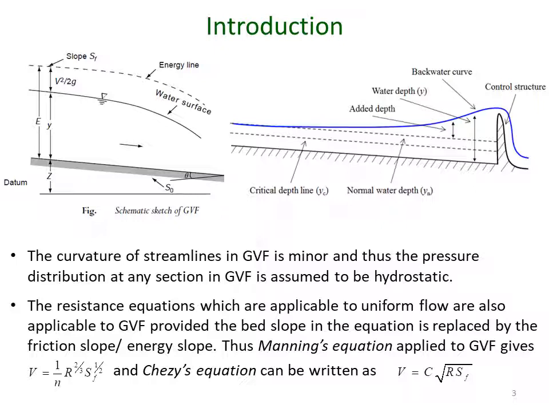Here, of course, n is Manning's roughness coefficient and R is the hydraulic radius. And note that the channel bottom slope S0 has been replaced by S_f, the friction slope or the slope of the total energy line. Similarly, Chezy's equation can also be written as V = C√(R S_f).